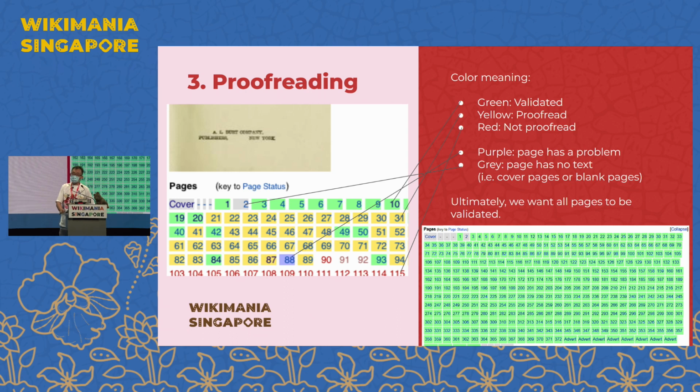So eventually, what we want in every book that is in Wikisource is to have all the pages validated, or green. This is the ideal state of every document that is being proofread and validated.